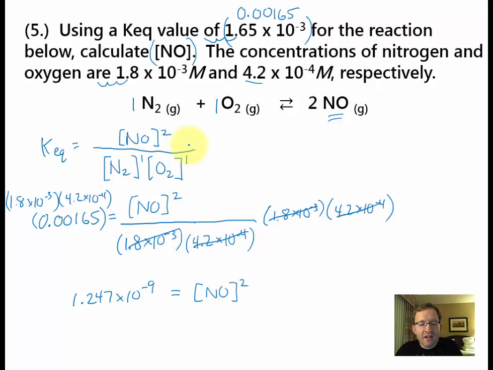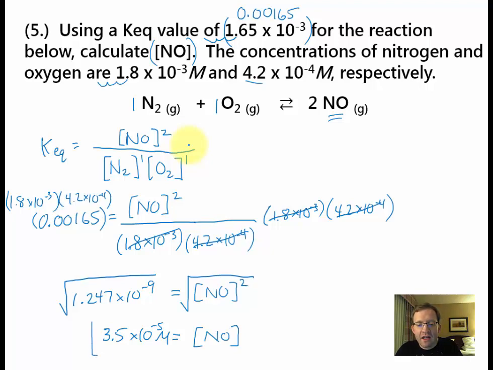So we'll take both sides and stick a square root of both sides here. A square root cancels out a square, and that'll leave you then with just my NO on the right side. On the left side, when I take the square root of this answer, it should give me something in the neighborhood of about 3.5 times 10 to the negative 5. And that's a molarity. Okay? We were finding the NO's concentration, and there it is, 3.5 times 10 to the negative 5.